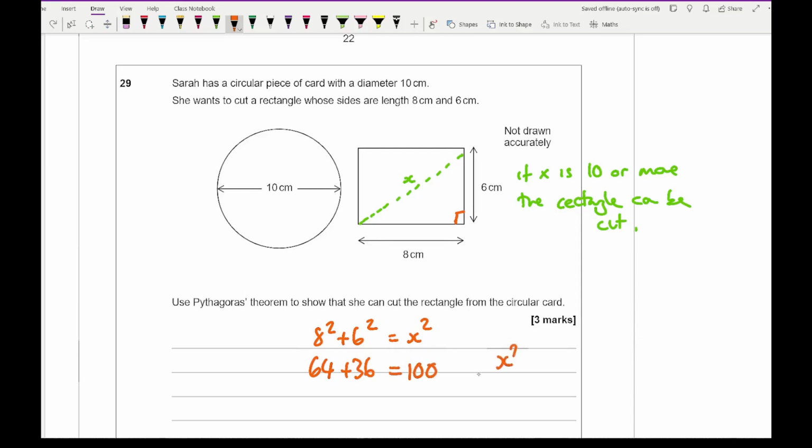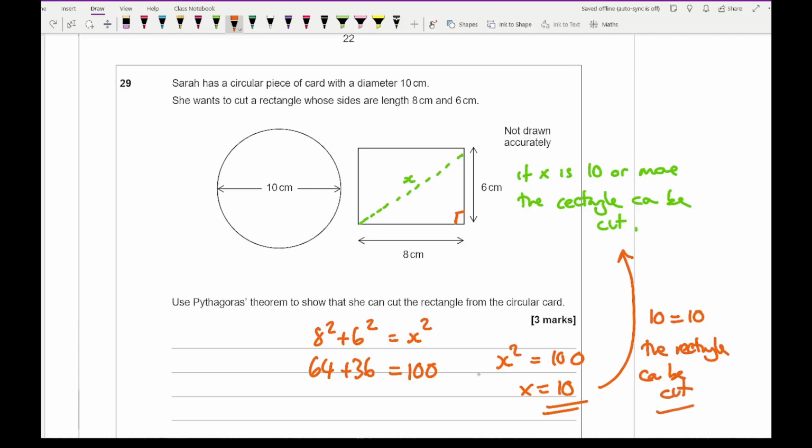So x squared equals 100, so x equals 10. Well, x can't equal minus 10 because we're dealing with length, so x equals 10. Again, we can show that as 10 equals 10, the rectangle can be cut. And there we go.